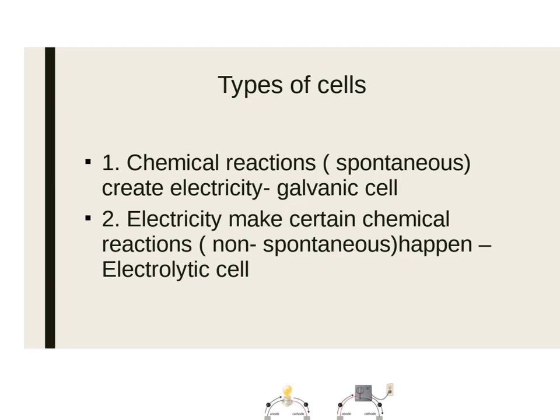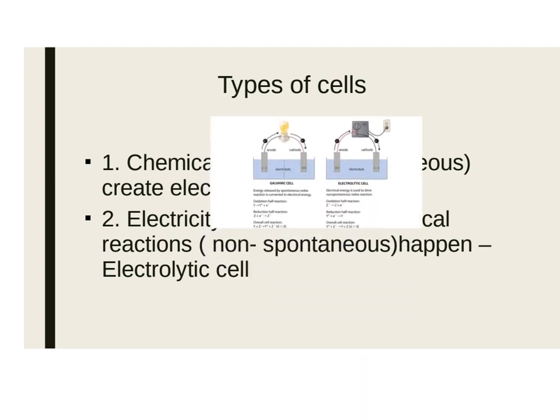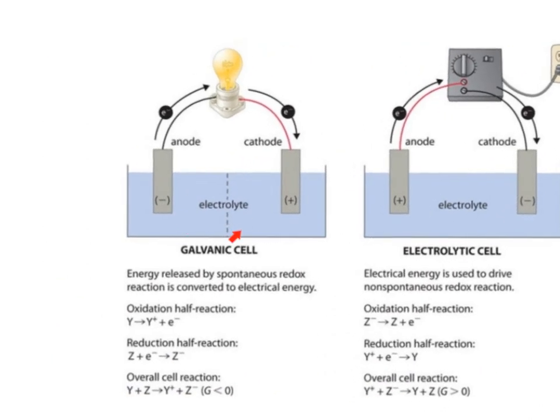As you can see in this diagram, here the energy is released, that means spontaneous redox reactions take place. This releases energy. This chemical energy is converted to electrical energy. That means the electron flow creates electricity, so we can make use of this electricity.